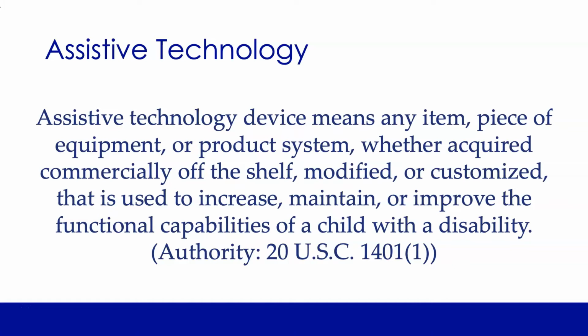But when they are needed and an IEP team decides that they are needed, they become assistive technology. Not all universal technology supports are necessarily assistive technology, but assistive technology may come from that pool of technologies that we call universal technology supports.